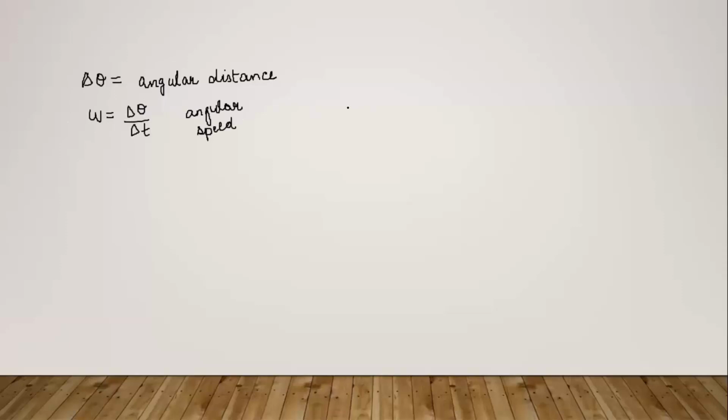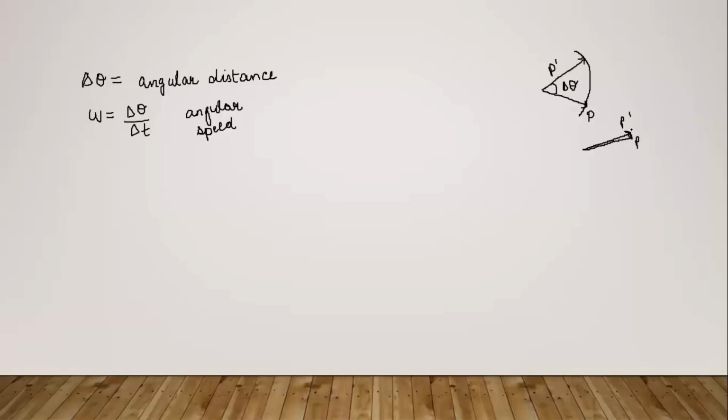Also, we had seen for that velocity, if the two vectors were, this was the vector for p dash point, and this was the vector for p point, and they had an angle of delta theta between them, and this was the circle. But for delta t tending to 0, the angle between them is very small. So this is p dash, this is p, and this is the angle between them.